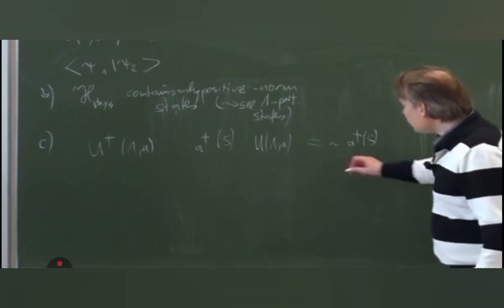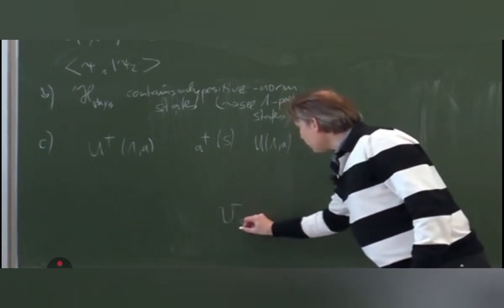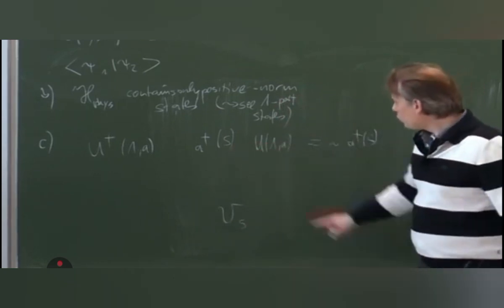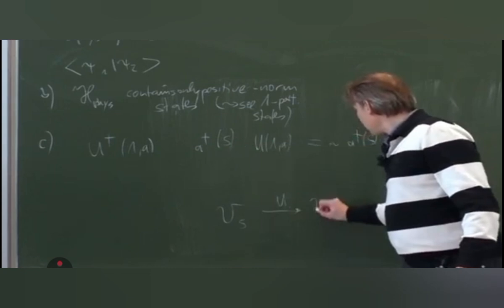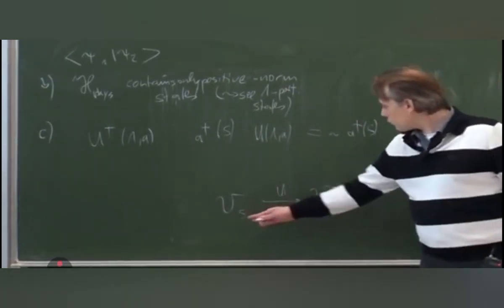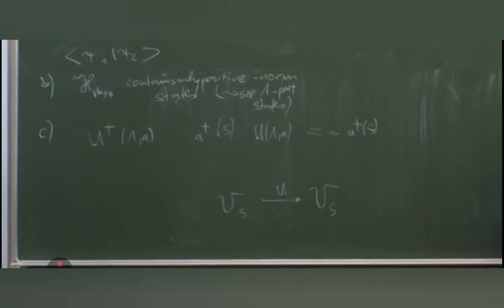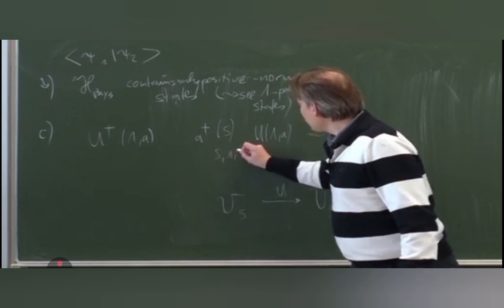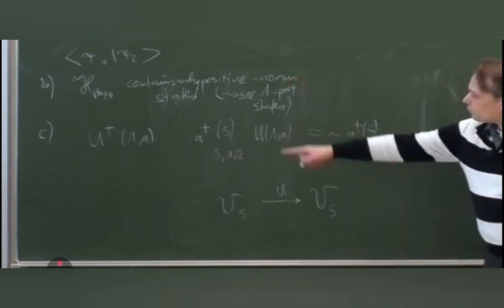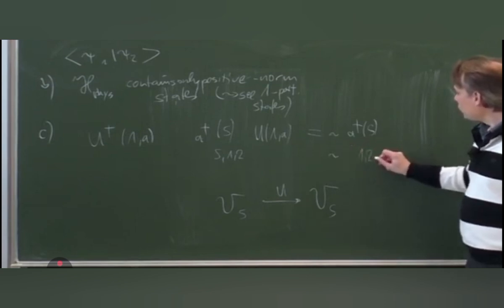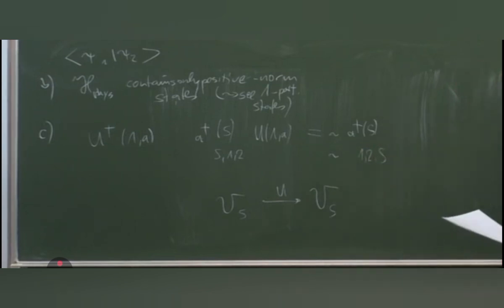And that means that this space Vs, which is defined by A dagger acting on something, under Poincaré goes into itself. So all states in this space under Poincaré remain in the same space. That is the outcome of that. And if you look at S or 1 or 2 polarizations here instead of S, then you know that the result also only contains polarizations 1, 2 or S on the right hand side of the Poincaré transformation.